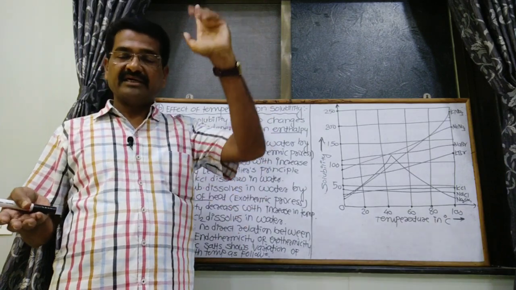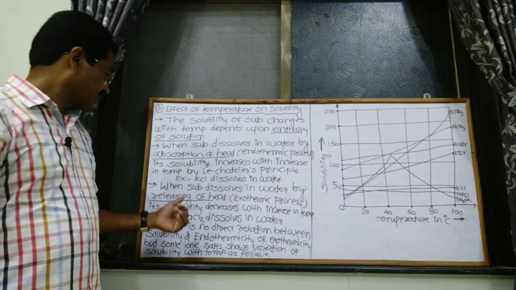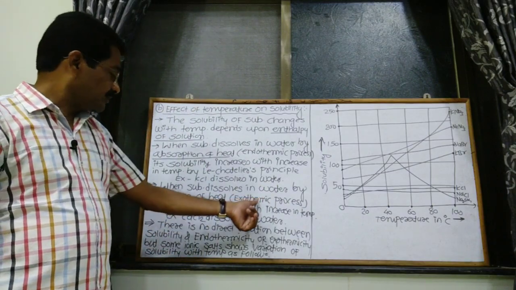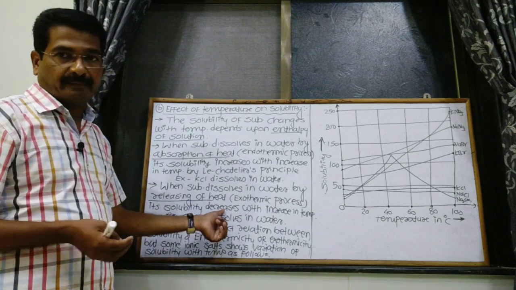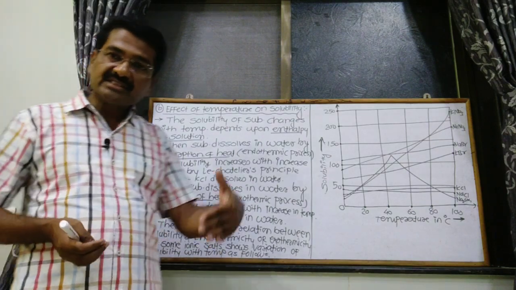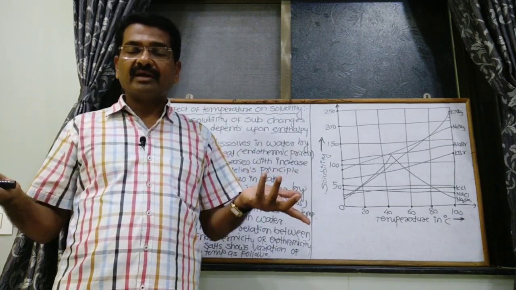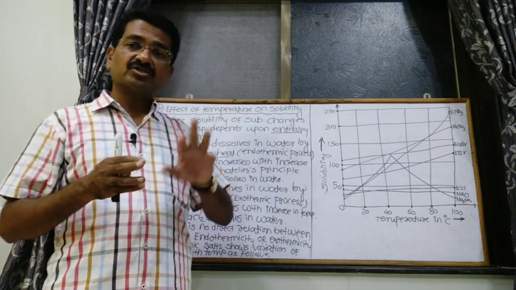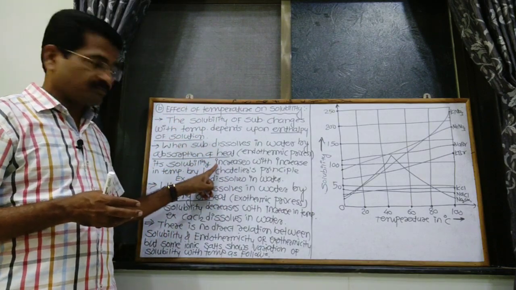That process is exothermic. Releasing heat is the exothermic process. Its solubility decreases with increasing temperature, because heat is evolved. It is totally opposite to the endothermic process.